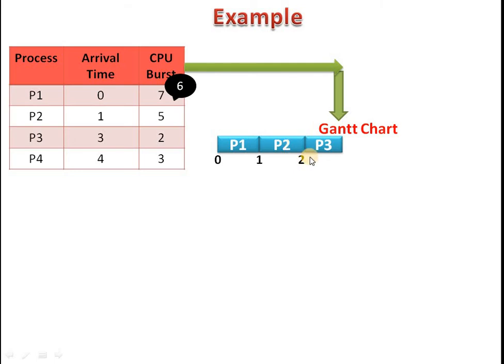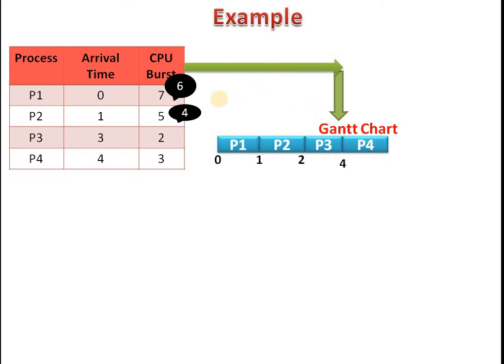And now P2's CPU burst time is 4. Then after 1 millisecond of P3 execution, P4 enters, but its CPU burst time is greater than P3, so P3 will continue its execution.